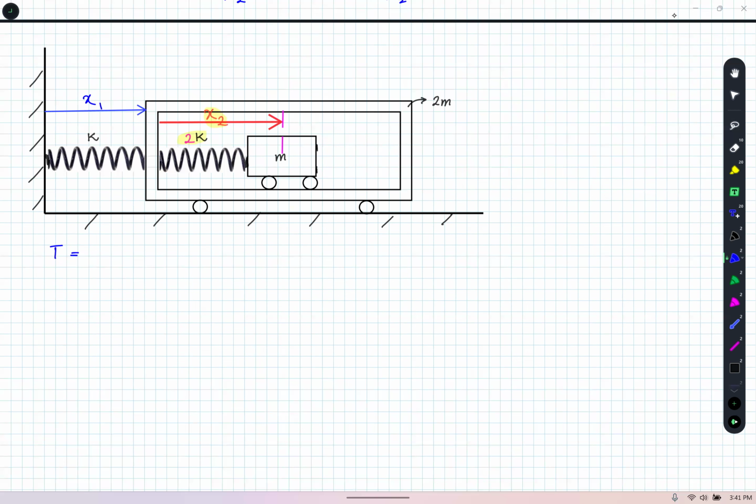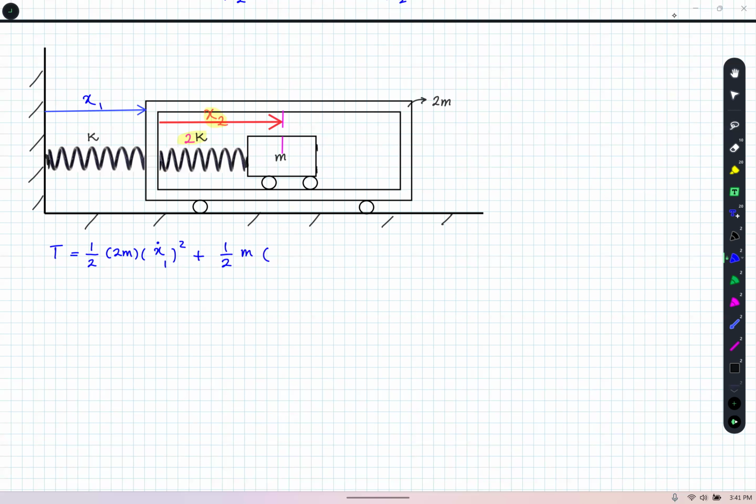my kinetic energy for the cart is the same, half of 2m, the cart has the mass 2m, x dot 1 squared. Here is where it gets tricky for the mass inside the cart.